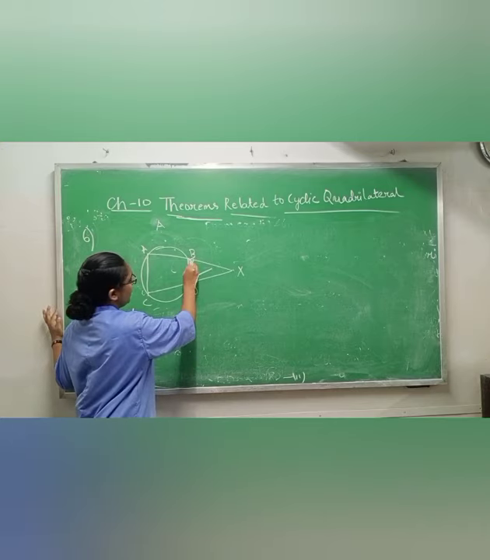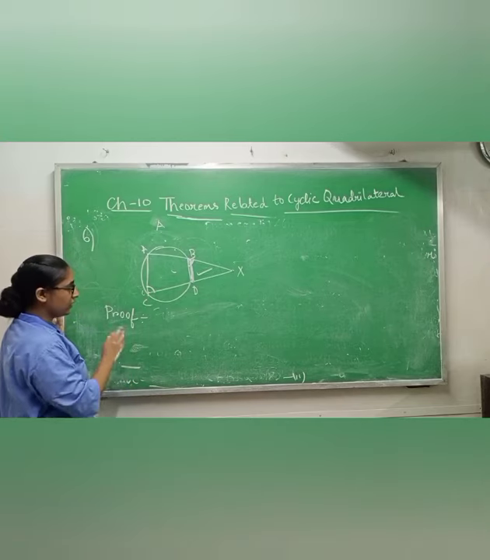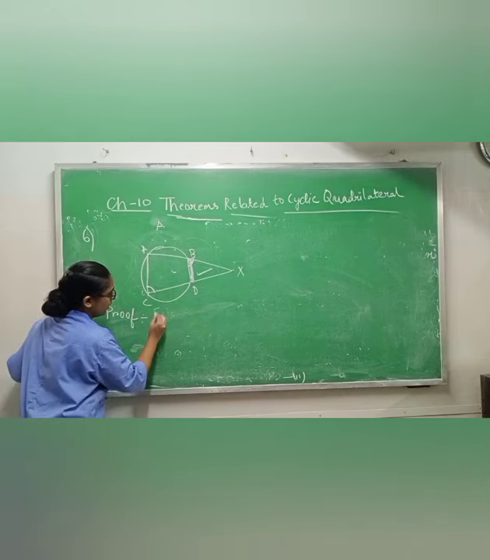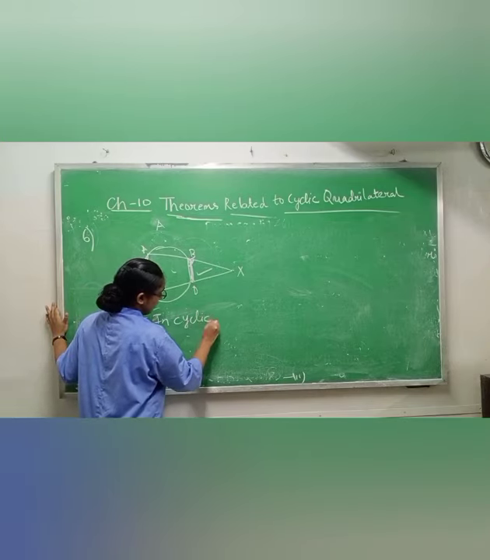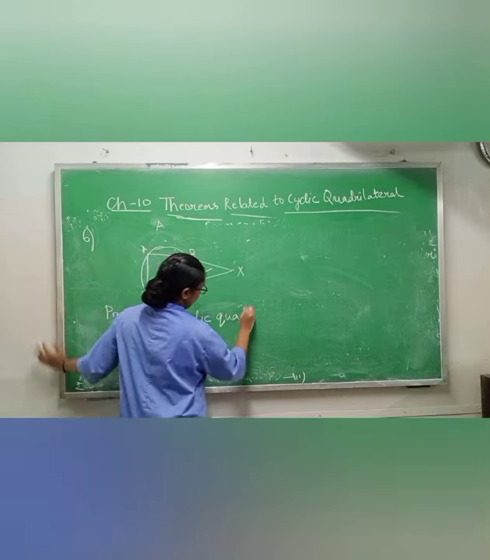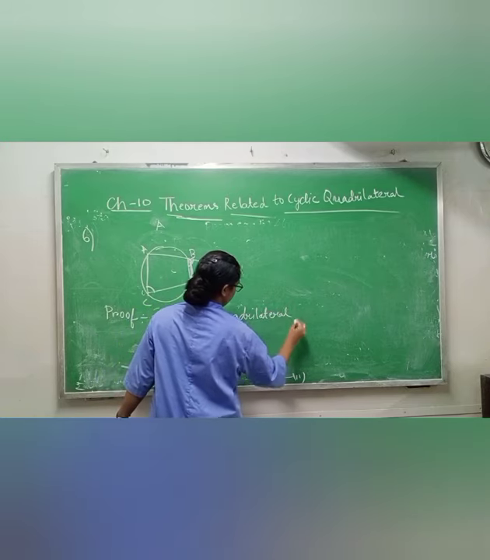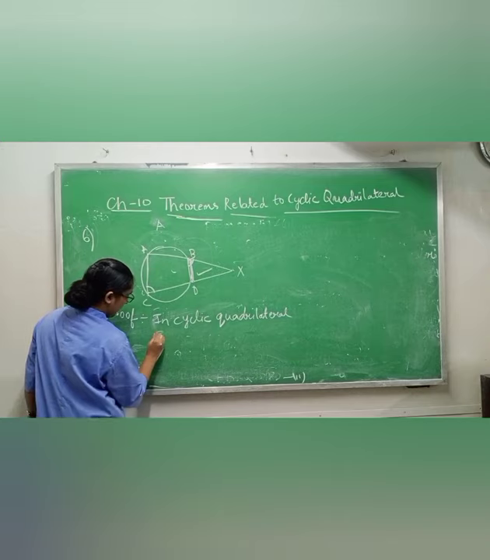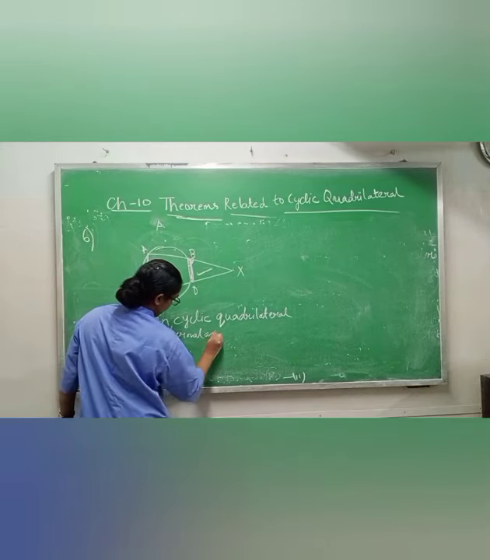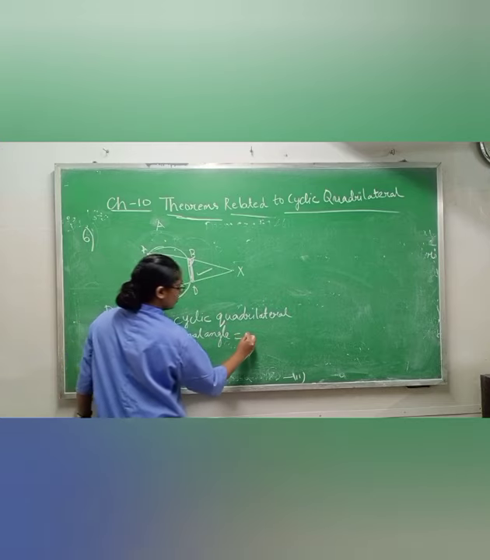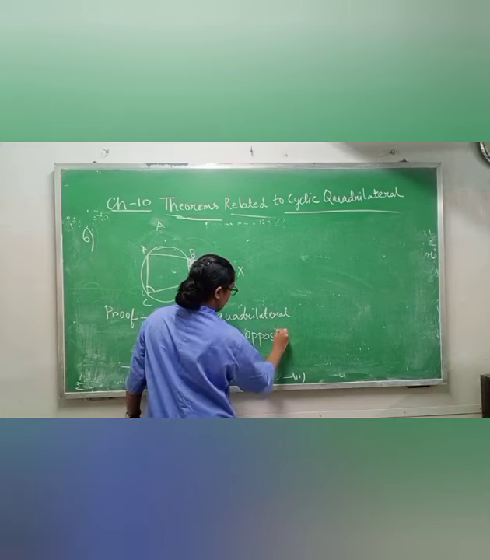So this external angle will be equal to the opposite internal angle, because we know in a cyclic quadrilateral, external angle equals opposite internal angle.